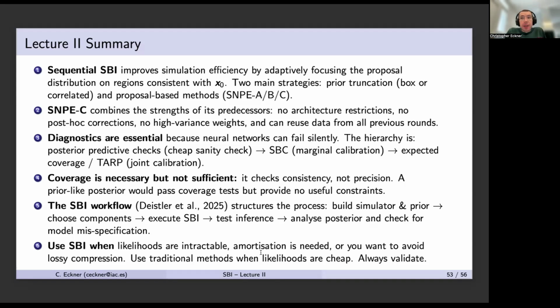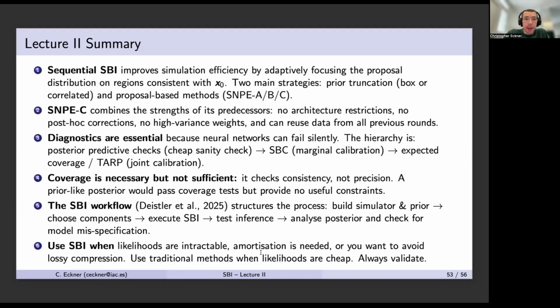This is a good strategy once you really want to know an accurate and precise answer to the posterior for a particular observation, and you do it via either prior truncation, depending on posterior outputs per round of your sequential inference, or via proposal methods that use the posterior you infer in one round as a prior in the next one.